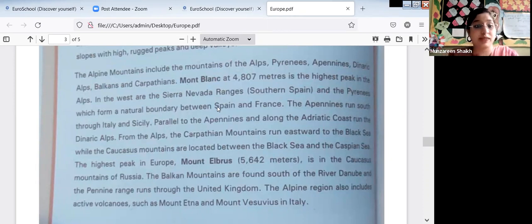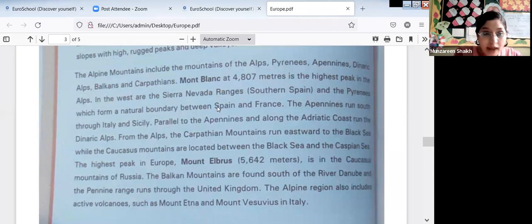The Apennines run south through Italy and Sicily, parallel to the Alpines, and along the Adriatic coast run the Dinaric Alps. And from the Alps, please underline, this is important, the Carpathian Mountains run eastward to the Black Sea.